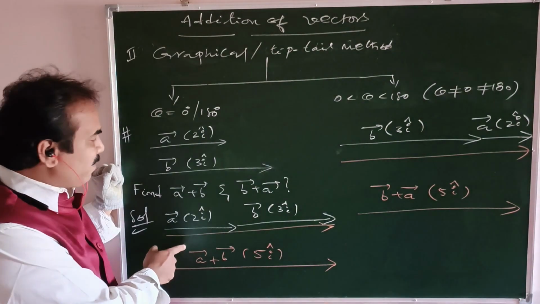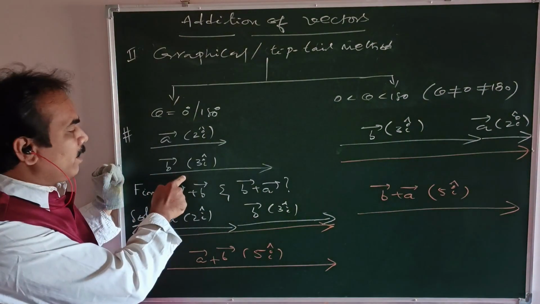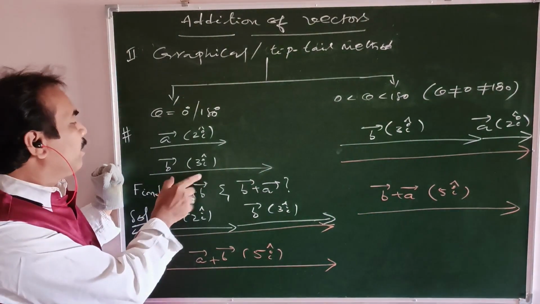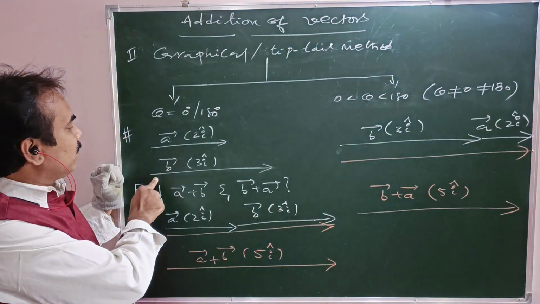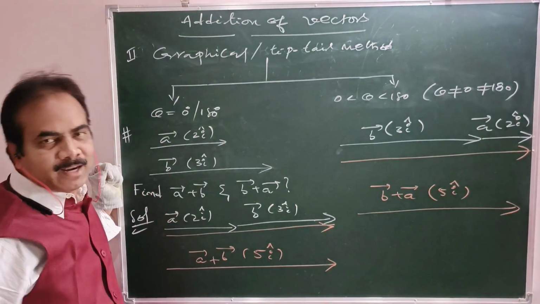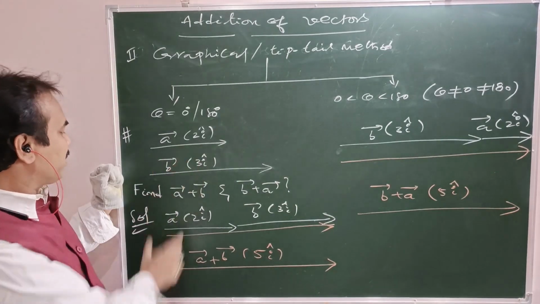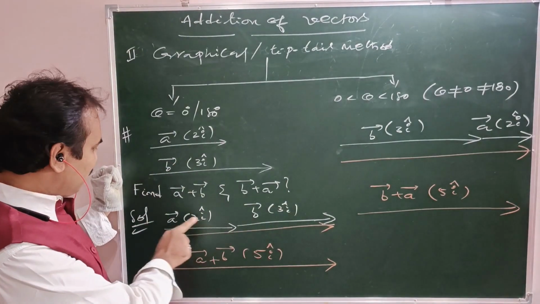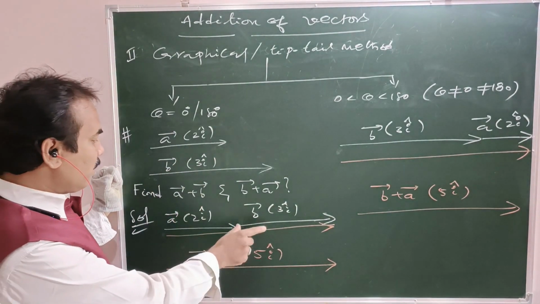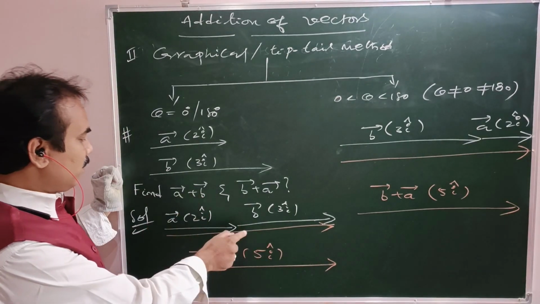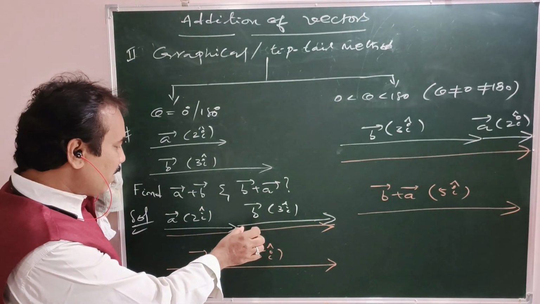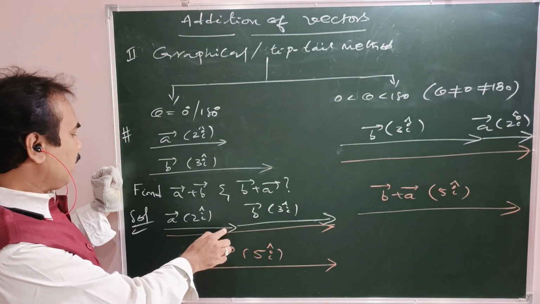So what is the phenomenon here? To draw the resultant vector, the given vectors are to be added such that the tail of one vector is connected with the head of another vector. Okay. Here in the first case, A bar plus B bar means B bar is to be added to A bar. How? The tail of B bar is to be connected with the head of A bar.